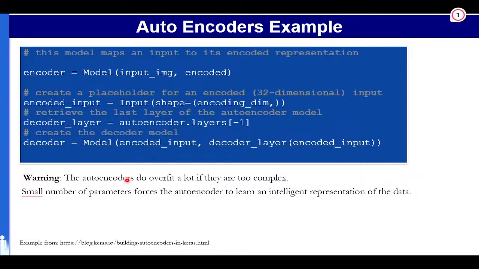Well, autoencoders like this one, which is a simple one, really tend to overfit if you use a lot of parameters. And you shouldn't use a lot of parameters for a simple reason. Your purpose is to have a smart and compact representation of your data. So you should avoid making very deep encoders, at least this kind here.